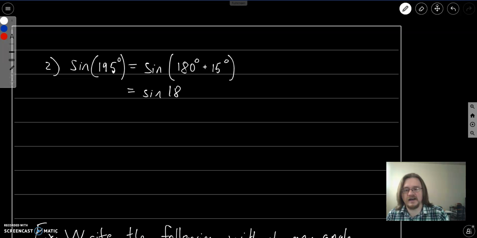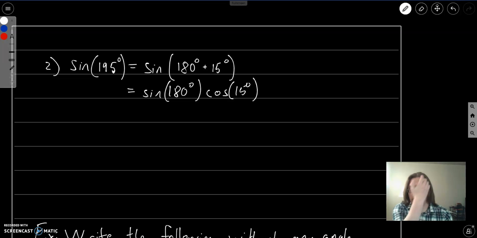So let's do this. If I've got sine of 180 times cosine of a 15 degree angle, plus the sine of a 15 degree angle times the cosine of 180 degrees.